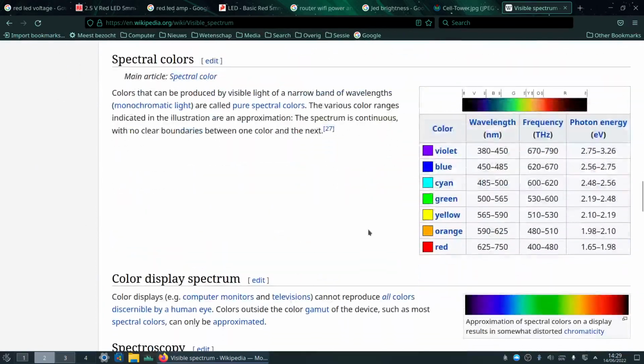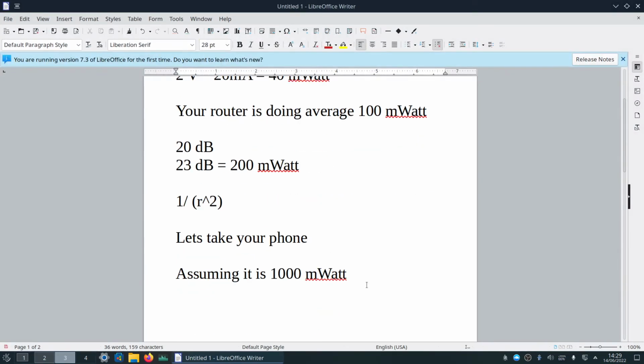But there is a simple reason why your Wi-Fi signal travels that distance.